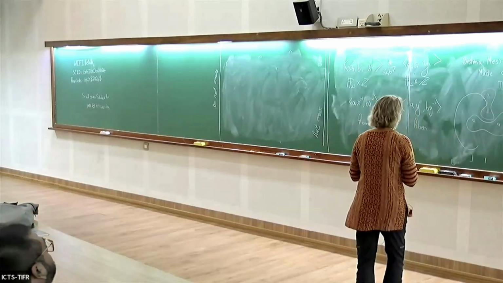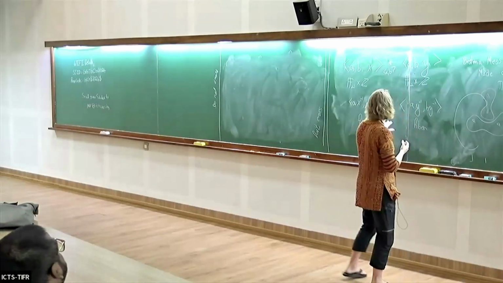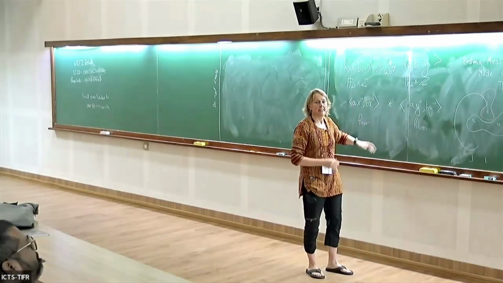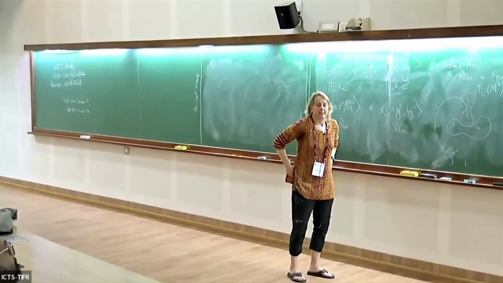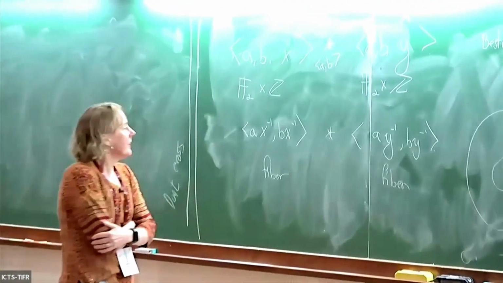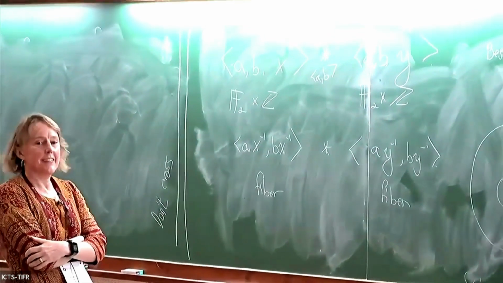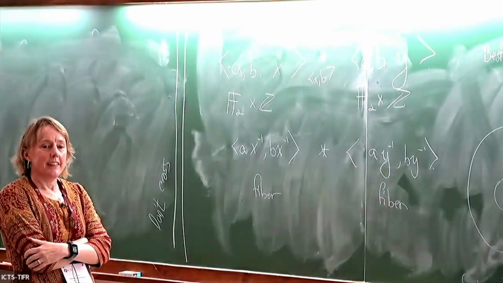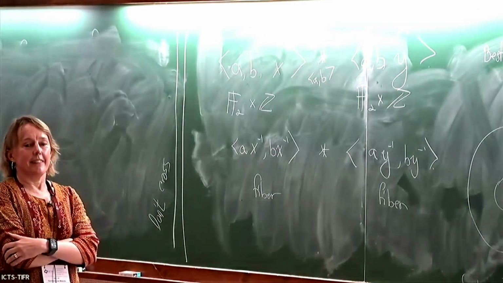Oh, yeah. Leftmost example. I was looking at it, and I have these 4 generators and I'm putting relations in it, and I need infinitely many relations. Yeah, that's right.